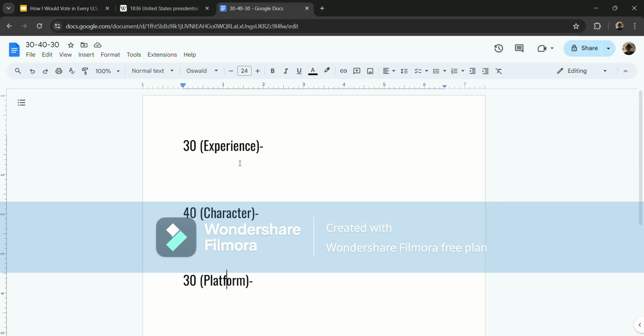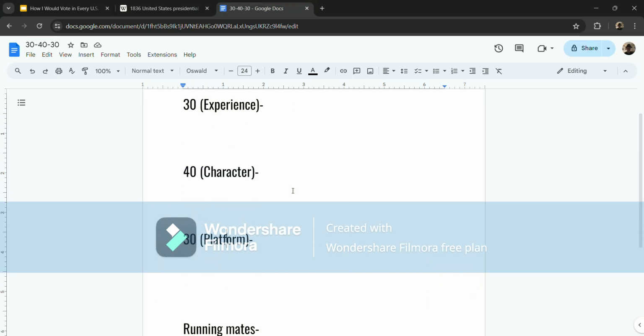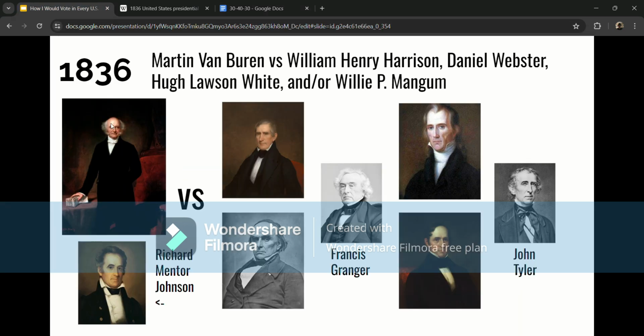Now, I know what I said regarding my 30-40-30 rule, and yes, he technically would have won with experience, but I would have despised him on his platform, so that would leave character for me. And the biggest character flaw that I have with Van Buren, aside from being pretty much a lackey of Jackson, is his full support of the Indian Removal Act. So, not voting for Van Buren, too much associated with Jackson there.